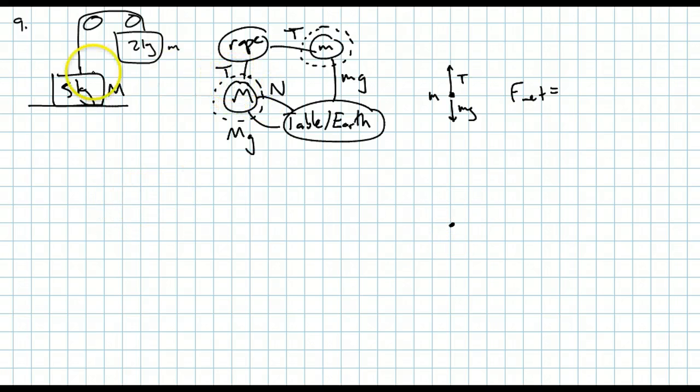A tension up also, and that tension should be the same size because it's the same rope. There is a weight down, and the weight should be bigger than this weight because the mass of this box is bigger. And there's a normal force up, and that normal force up has to balance this. The normal force plus the tension balance this because it's in CVPM.